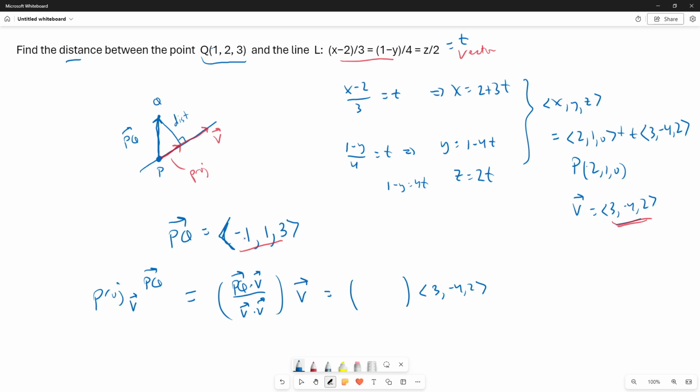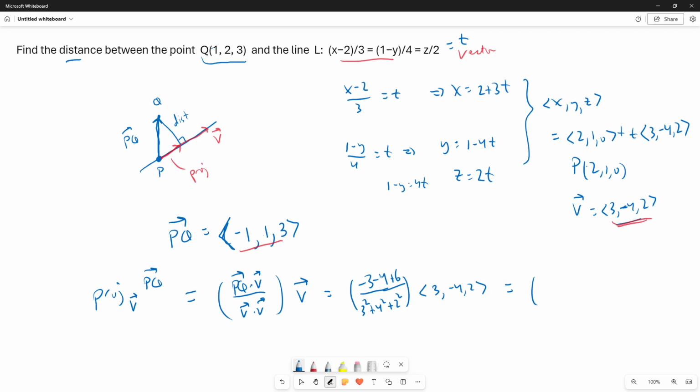So PQ dot V is negative 3 plus negative 4, and then 3 times 2 is plus 6, divided by V dot V, which is 3 squared plus 4 squared, well, negative 4 squared technically, but that's the same as 4 squared, and 2 squared.